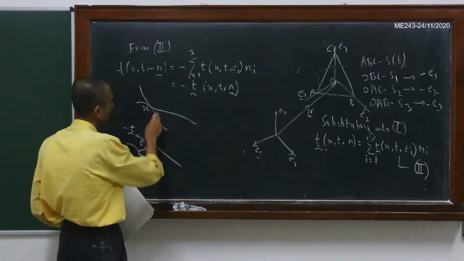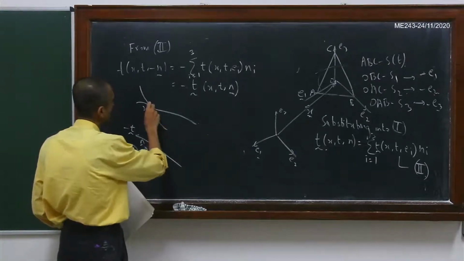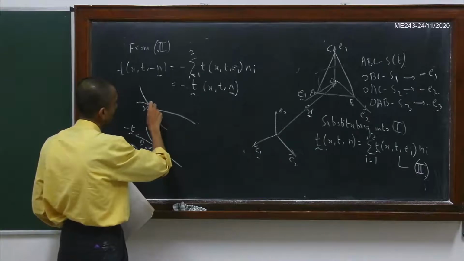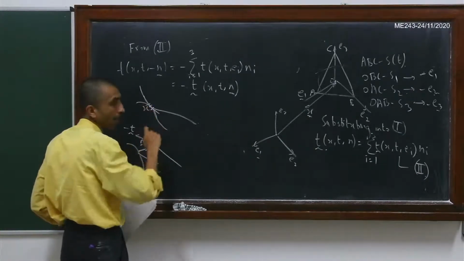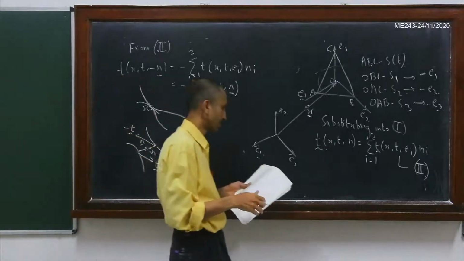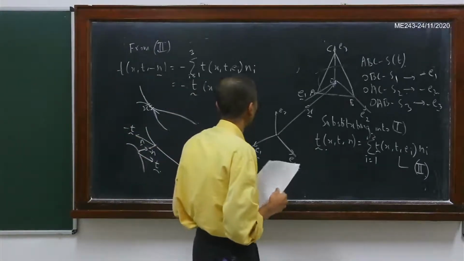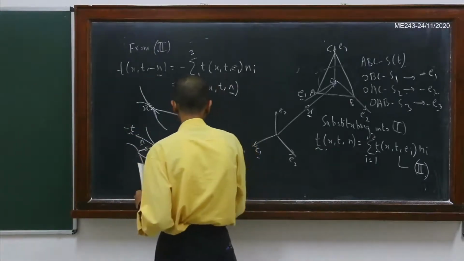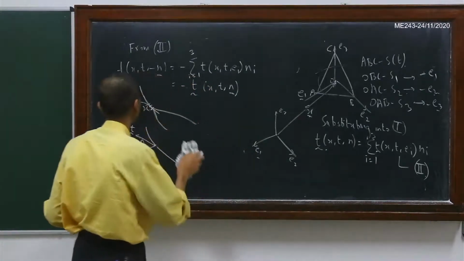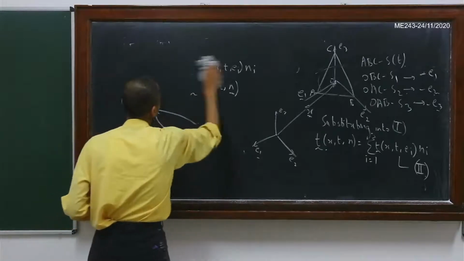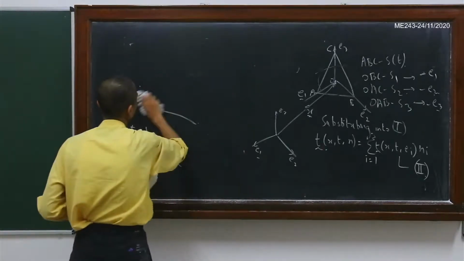Suppose it is a region of contact, then this law will be valid at every point along the contact zone. So this makes Newton's third law very concrete, this whole statement here. Fine, so then let us move on now.